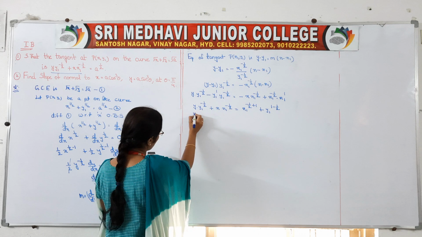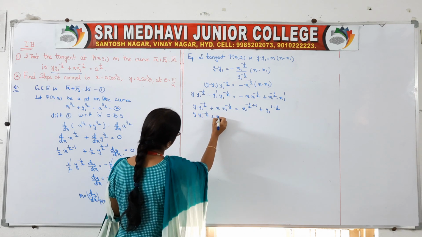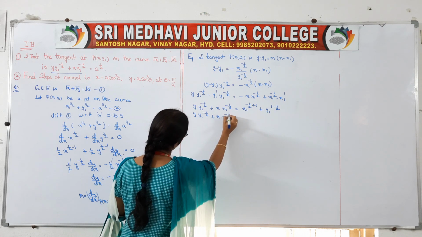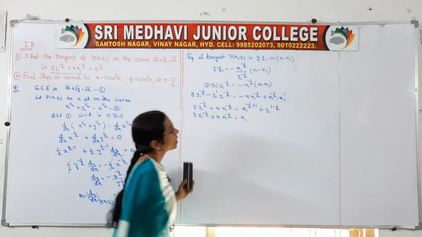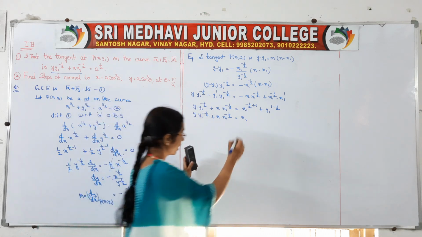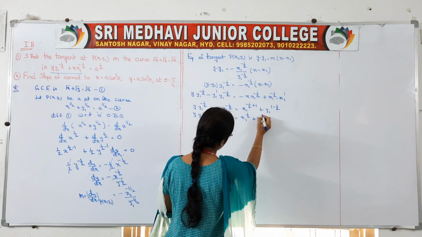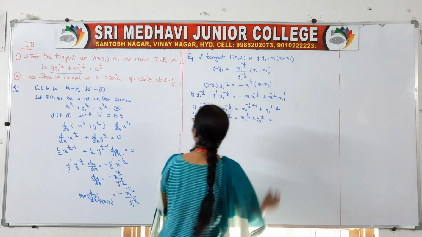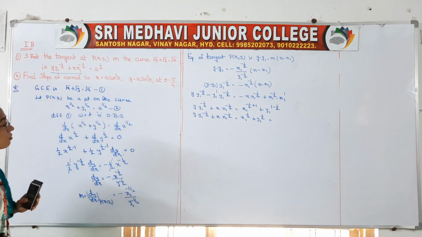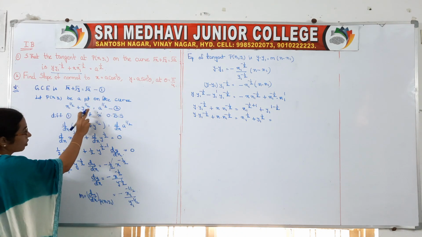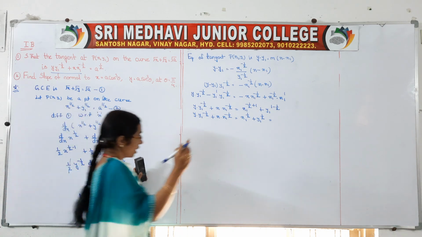So y into y1 to the power of minus 1 by 2 plus x into x1 to the power of minus 1 by 2 is equal to x1, 1 minus half is half, right? Plus y1, 1 minus half is half. And what is your equation number 2? x1 to the power of 1 by 2 plus y1 to the power of 1 by 2 is equal to a to the power of 1 by 2, right?